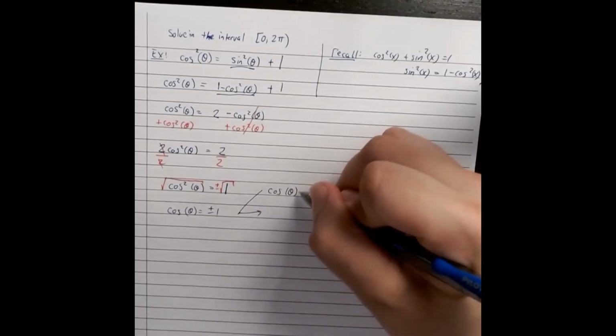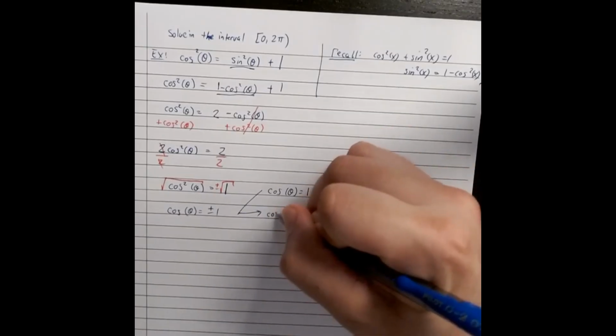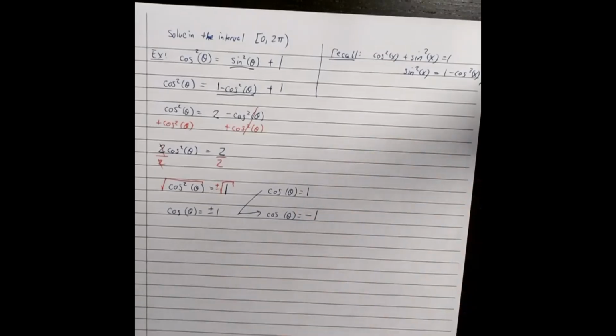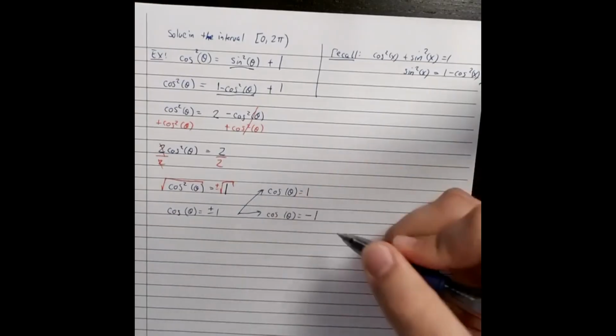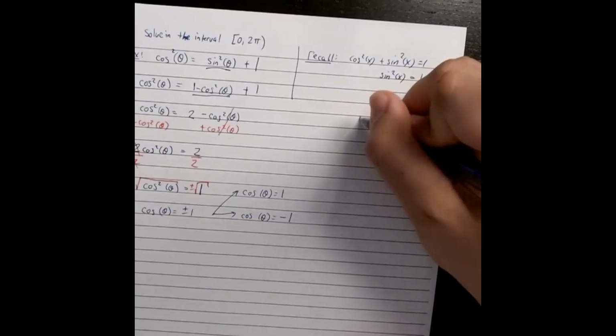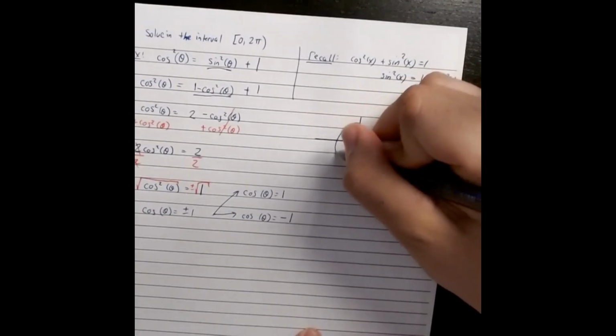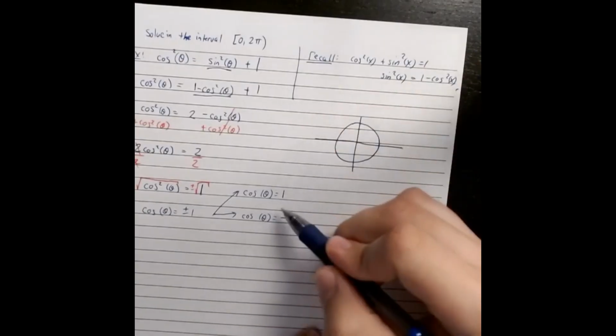Cosine of theta is equal to 1, and cosine of theta is equal to minus 1, plus or minus 1. All right, so there we go. We're going to get just a few solutions. Looking at our unit circle, I find that the cosine of an angle is equal to 1.